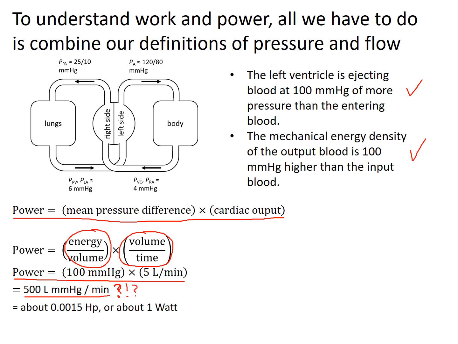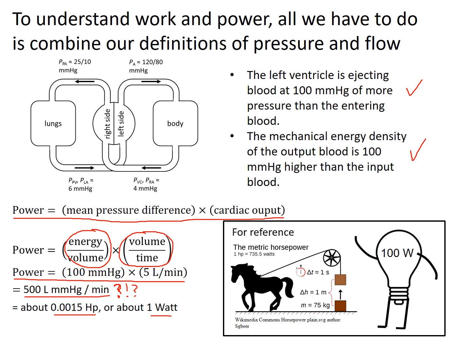But if you convert that number to more familiar units, you wind up with about 1 1/2 thousandths of a horsepower, or about 1 watt. So remember, a horsepower is roughly the amount of mechanical work that a horse does per unit time. If you drive a car, your car probably has 100 or more horsepower. Its engine can generate 100 or more horsepower. The heart generates about 1/1000th of a horsepower.